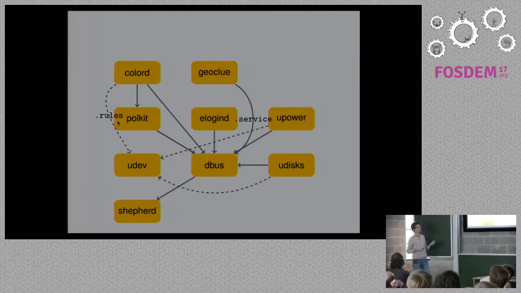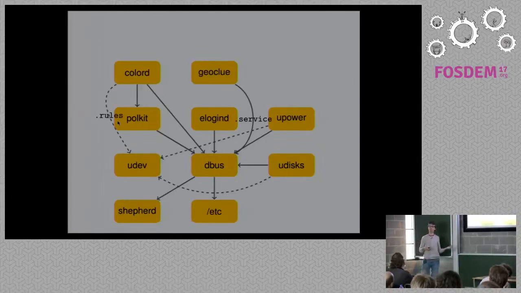But yeah, so this is the basic graph for free desktop. But again, if we look a bit further, we see this pattern in different places. Like dbus itself, you could think that it's extending the shepherd by providing a service definition to start it. And dbus is also extending /etc by providing /etc/dbus1, the directory.